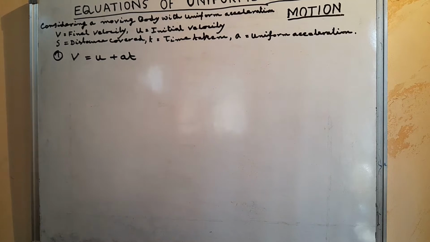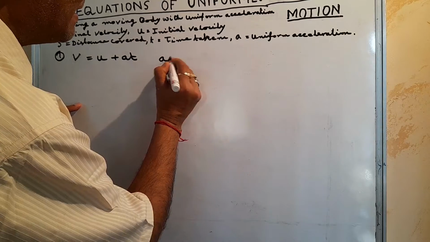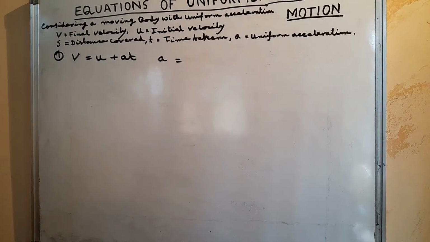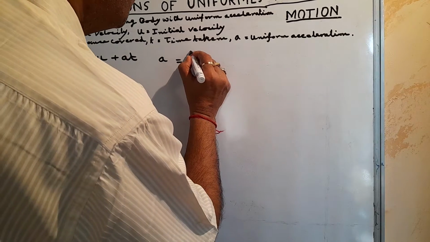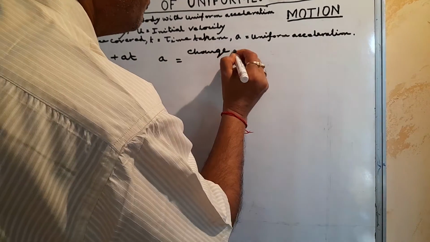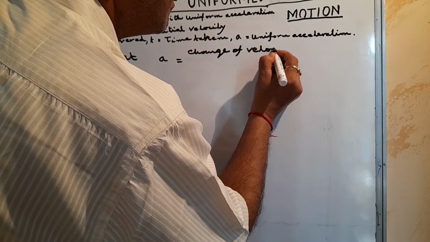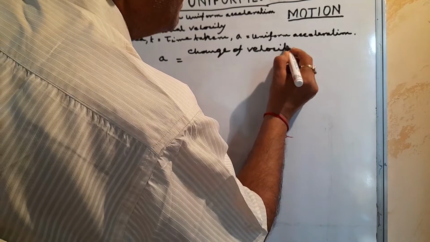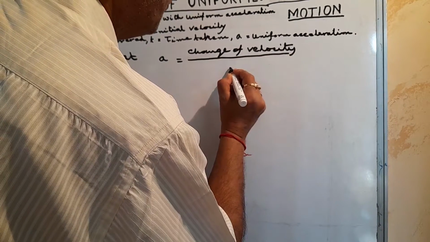First, we will take the acceleration. What is the acceleration? We know acceleration a is equal to the change of velocity per unit time, divided by time.